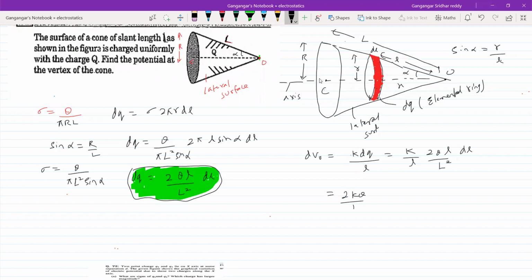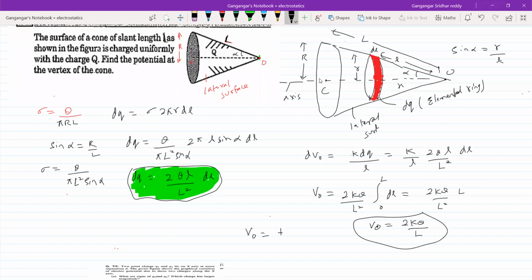So 2kQ L square dl. And what is the slant height, 0 to capital L, or slant length? So 2kQ L square L. K value substitute. So the potential will be Q by 2 pi epsilon naught L.